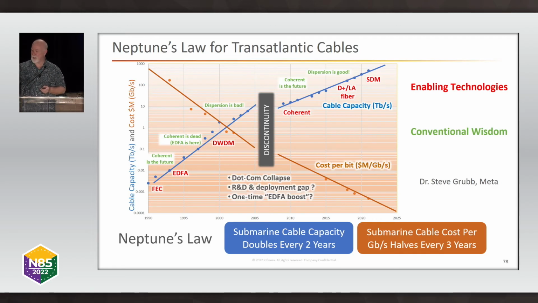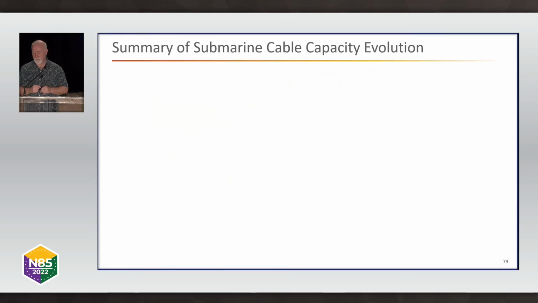And as soon as EDFAs came along, that kind of coherent research started to drop away. So then, we have these different technologies. Coherent becomes the future beyond the discontinuity. Dispersion is now our friend. So we have these changing views of how you design submarine cables.